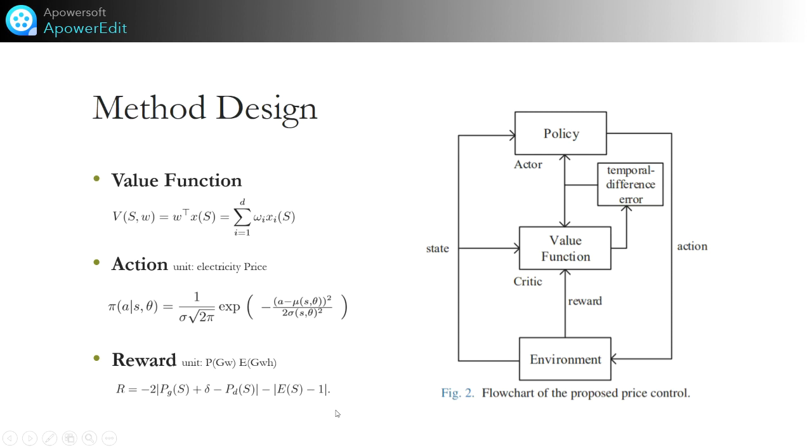For the second term, if the stored energy level is close to 1, it will increase the reward. Here we put 1 instead of 0 because we need an additional consideration for emergency operation. If the power supply suddenly drops, the stored energy can be used to make up for the deficiency.